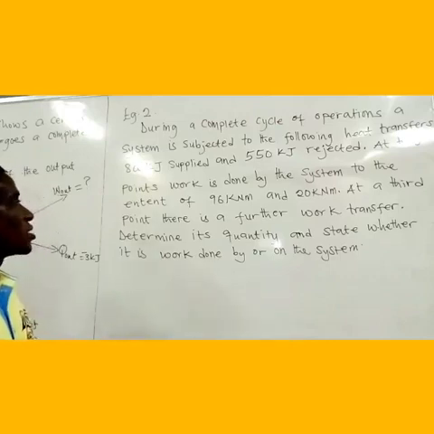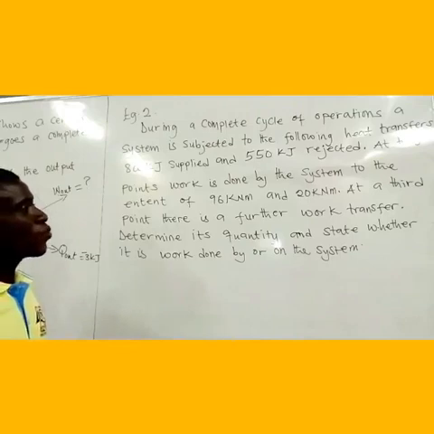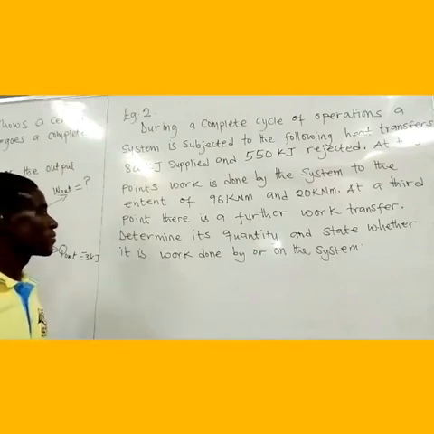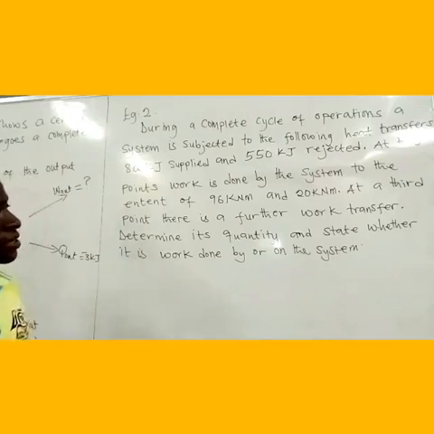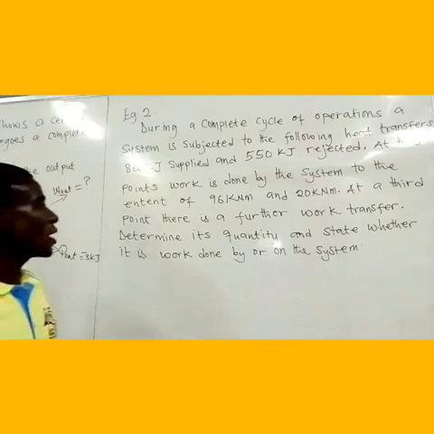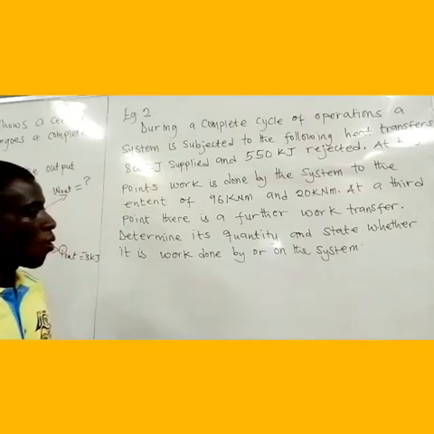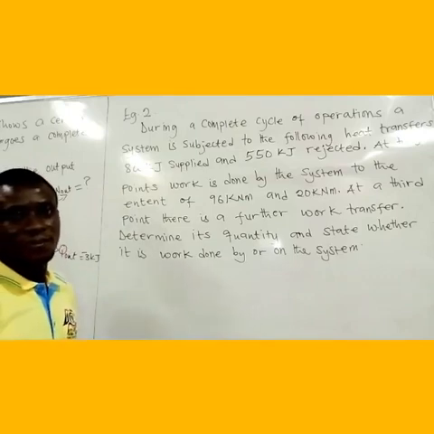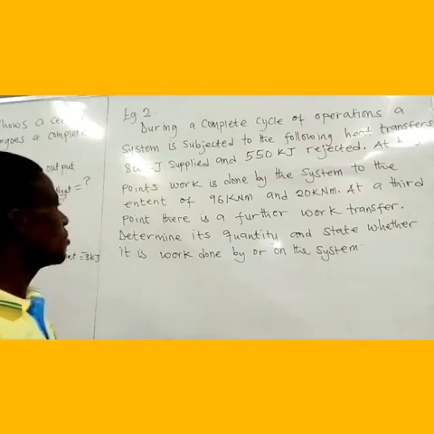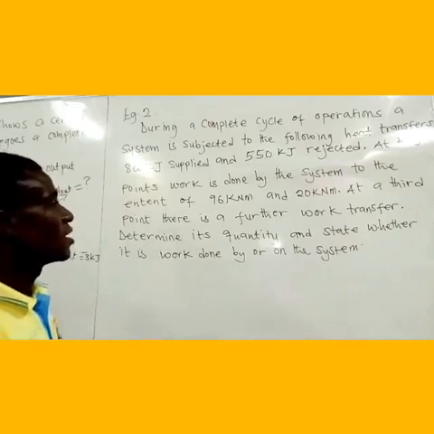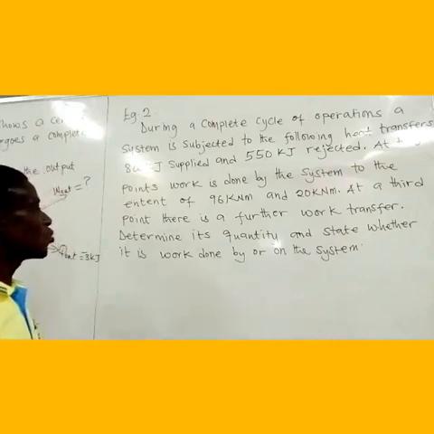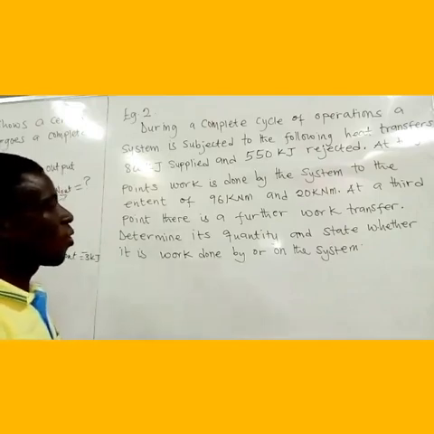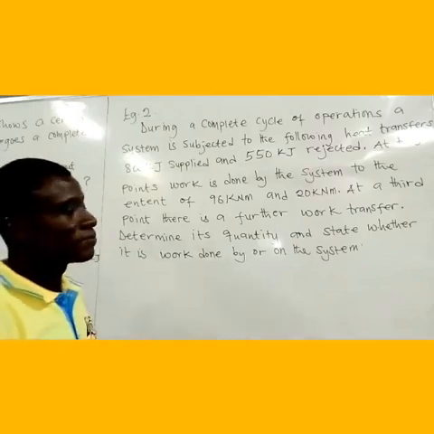At a third point, there is a further work transfer. Determine its quantity and state whether it is work done by or on the system.